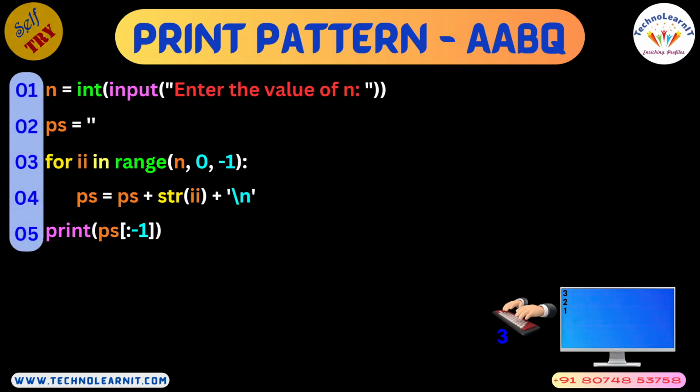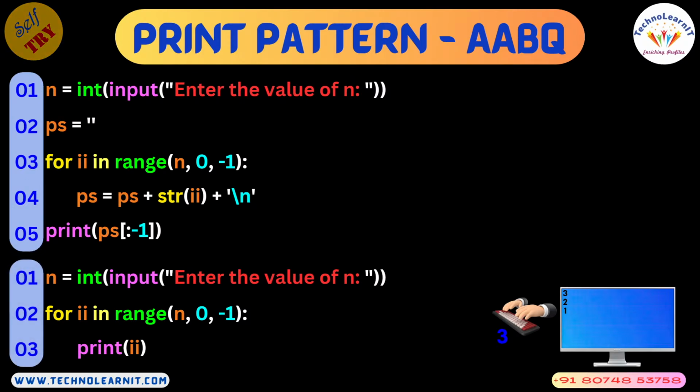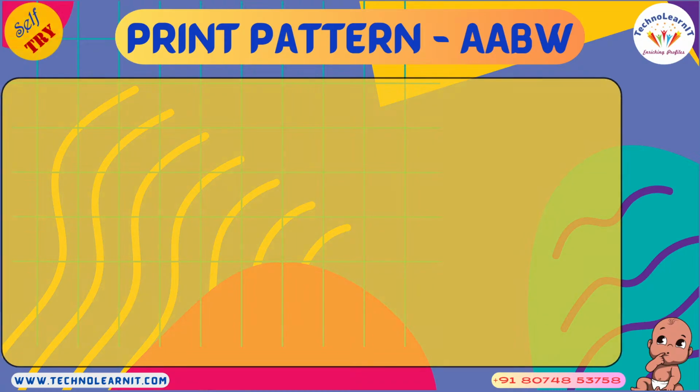Using these 5 lines you can achieve this, or else you can use again the same for range loop, but you can print the value of ii every time as it is, and make sure end is always the new line character, which is the default anyways, so it will continue to move on to the new line. All right, using these 3 lines of code also you can achieve this. Well, let's move on to the next pattern.